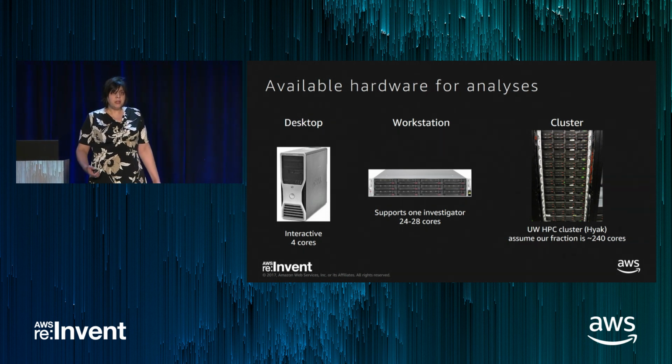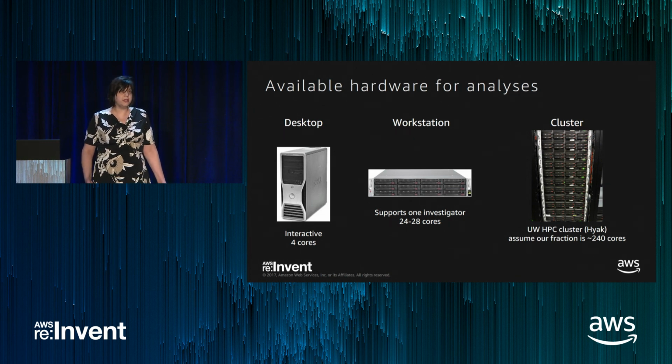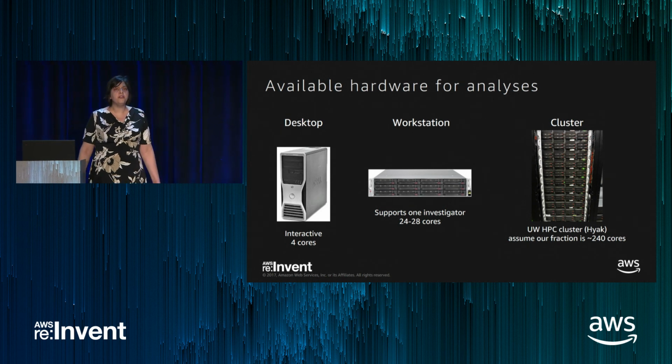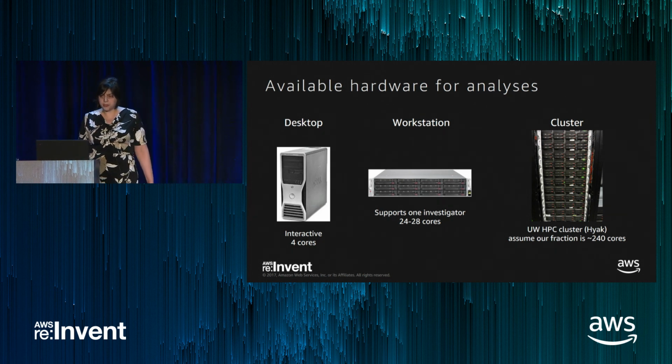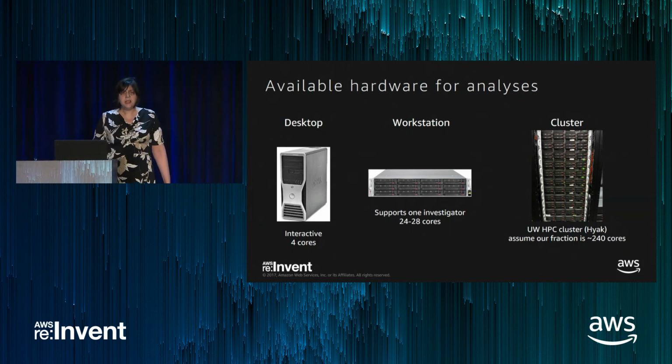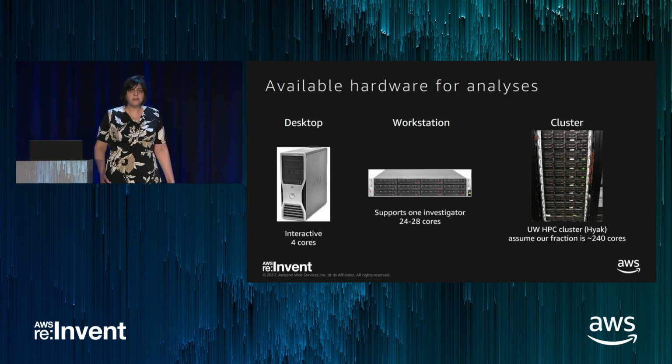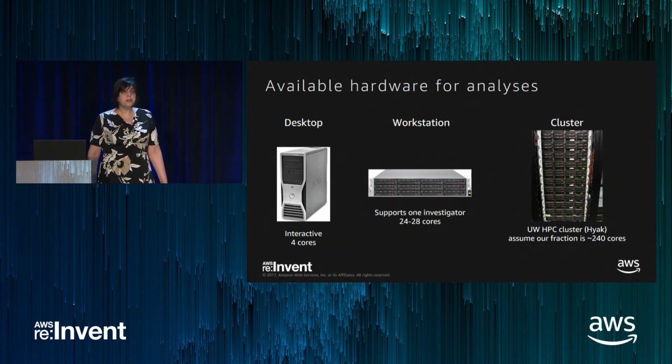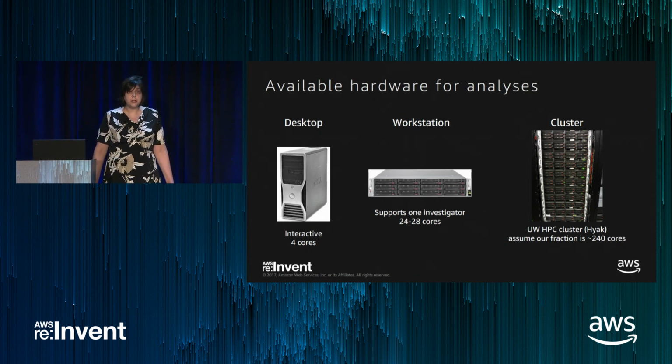For the analysis that we do in a lab, we have, say, a workstation, which might contain 24 to 28 cores, has some amount of storage, and that's typically used to support about one investigator's worth of data and processing. And then when we want to scale beyond that, which I'll explain we do, one of the offerings that we have available to us is the University of Washington's HYAK system, which is the high-performance computing cluster.